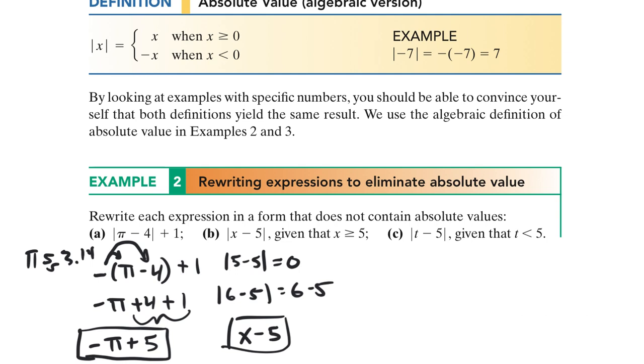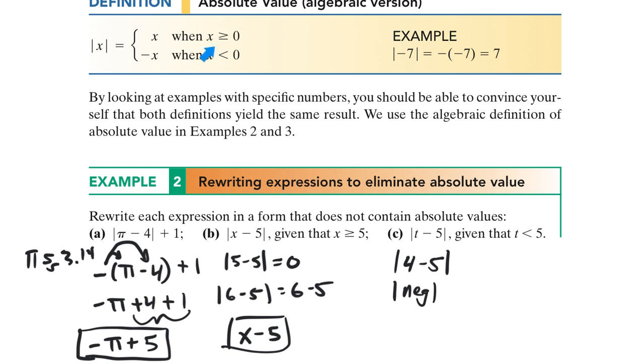Okay, and then what we have is the last case here, where t is less than 5. Let's give an example. If t is less than 5, so 4 is less than 5. So if I have 4 minus 5, that is negative. And when it's negative, we come back to this idea here.